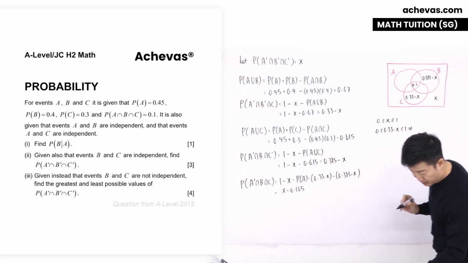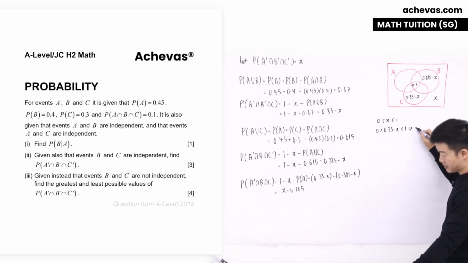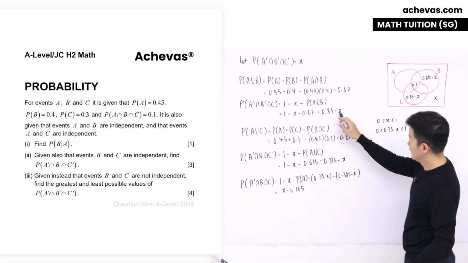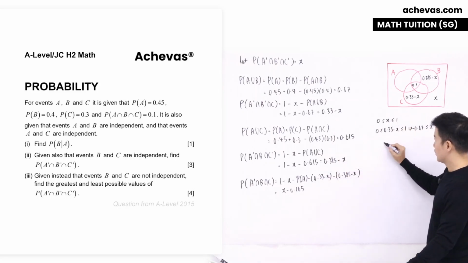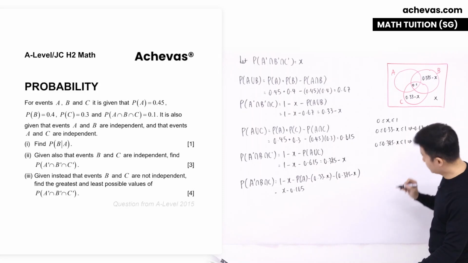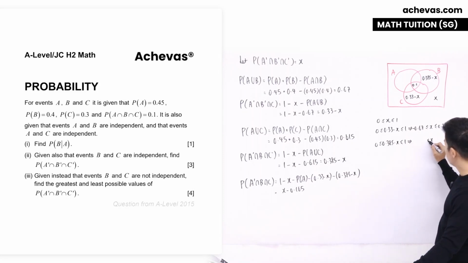Making X the subject, X is going to be between negative 0.67 and 0.33. Then we will have 0.385 minus X, which is also between 0 and 1. This will give X to be between negative 0.615 and 0.385.